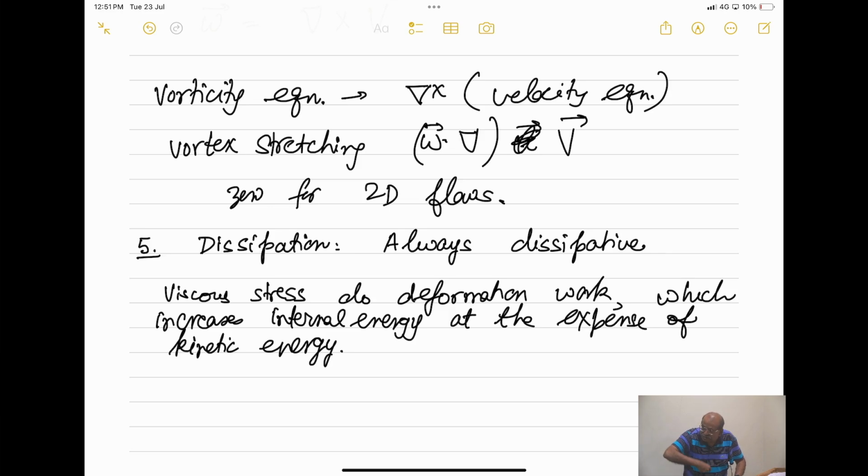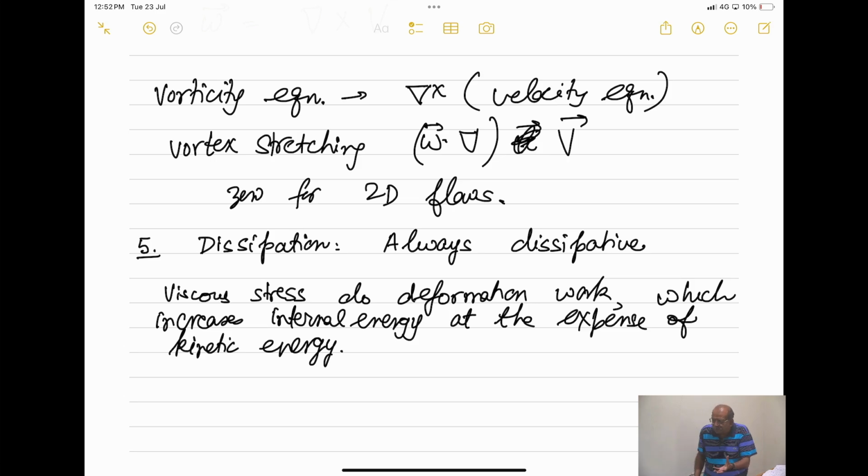But if you have a fan or something which is causing the flow, then energy will be constantly supplied to the flow, and then turbulence is sustained. But in the absence of that, if there is no energy source, then the flow will be dissipated and there will be no flow. We need a continuous supply of energy for a turbulent flow to be sustained.